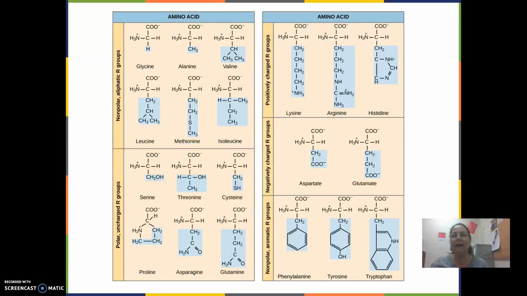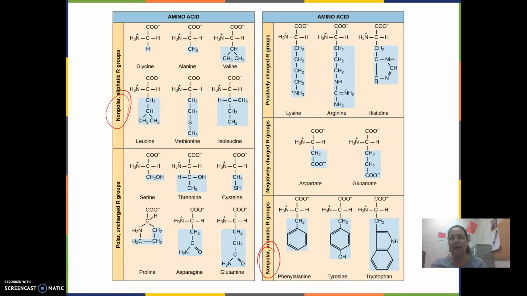So if we look at the amino acids, they're grouped based on whether or not they're polar, nonpolar, or whether they have a charge. So there are two groups that are nonpolar. There's the nonpolar aliphatic amino acids, and then there's the nonpolar aromatic amino acids. Remember, if they're aromatic, they have a ring structure.